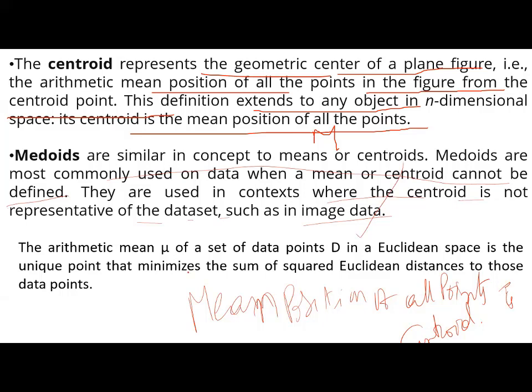You can again define the arithmetic mean mu of a set of data points D in a Euclidean space as the unique point that minimizes the sum of squared Euclidean distances to those data points.